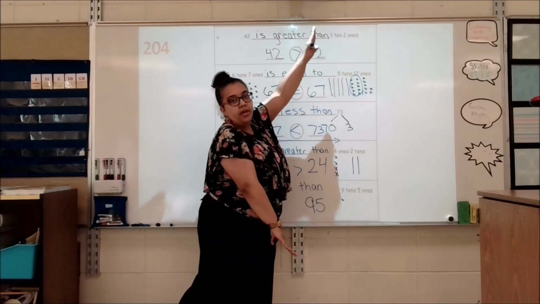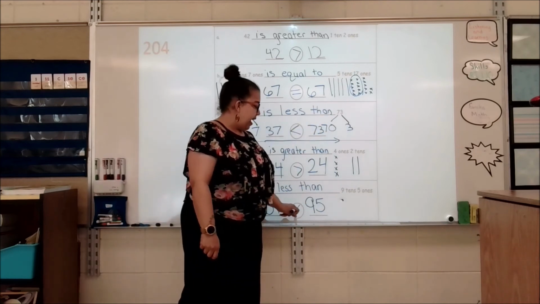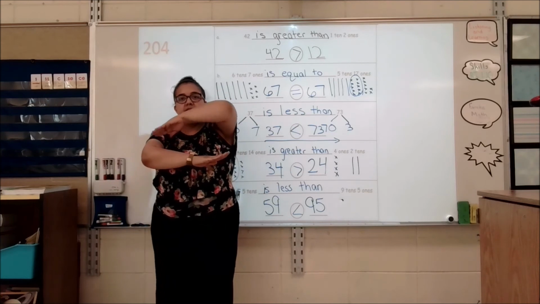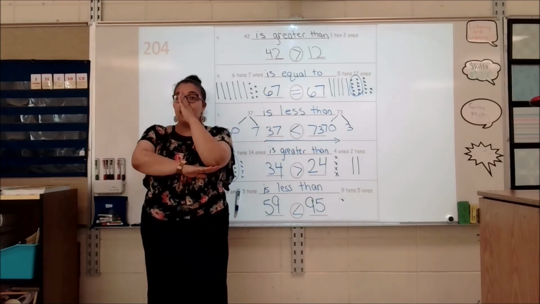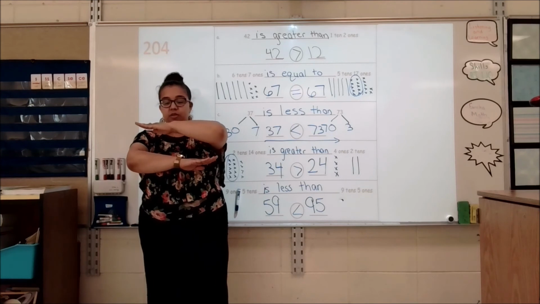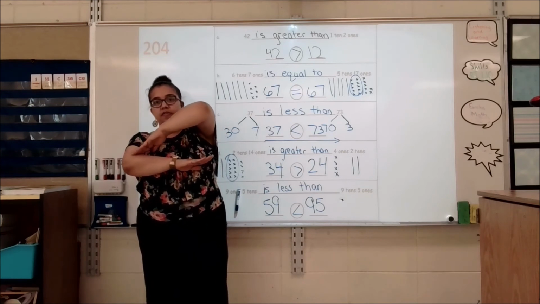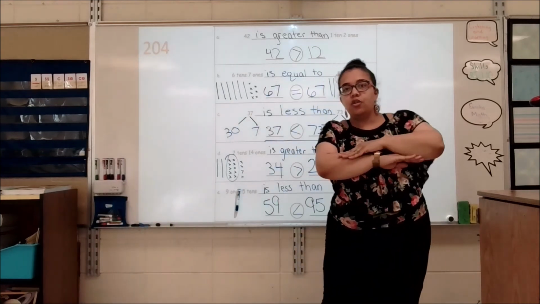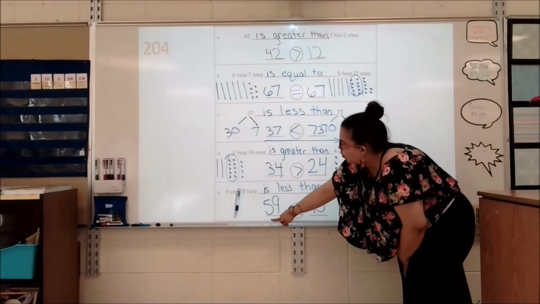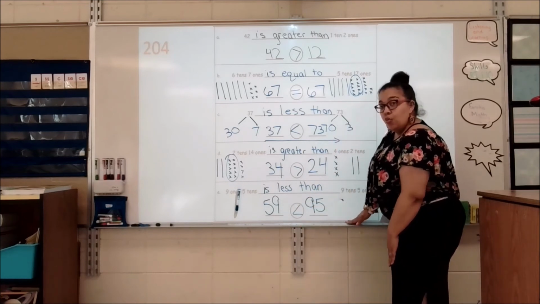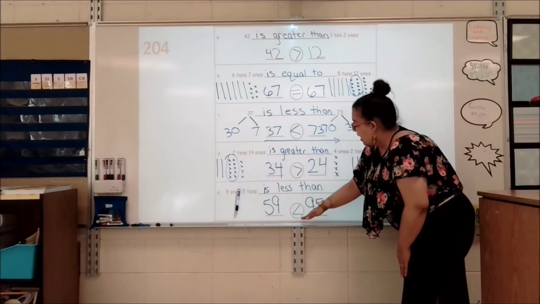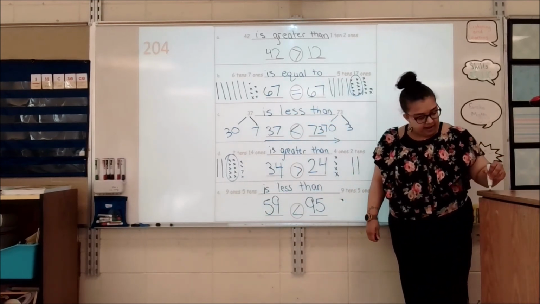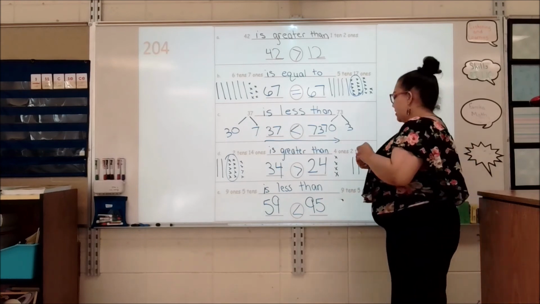If you're going to think about it like an alligator, it's that equal sign that's had its balance shifted. The balance is tilted. It's not even like it's supposed to be. It has shifted to show that the value over here is greater. And when we're reading from left to right, we need to be able to read that 59 is less than 95.